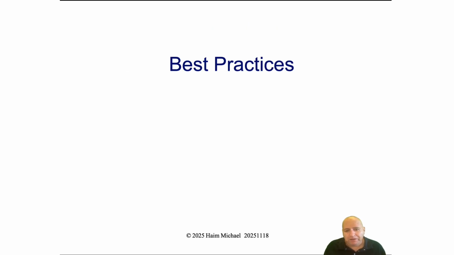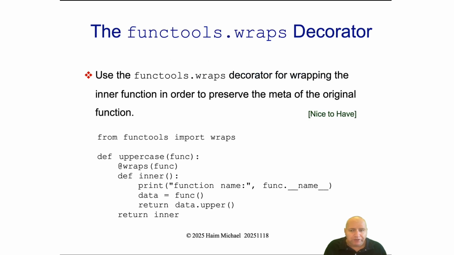Now let's talk about best practices when you develop your own decorators. So first, I strongly recommend using functools, decorating that inner function that takes the place of the decorated function. That will preserve the metadata of the original function, the function you decorate.